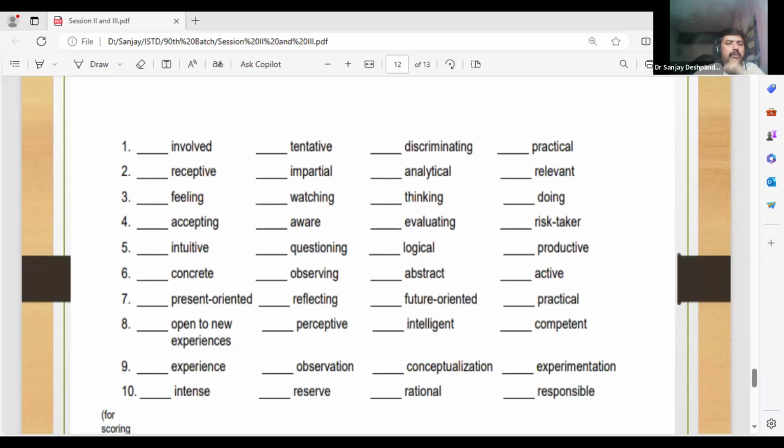So involved, if this word is very appealing to me, close to me, related to me, connected to me, it is very close to my nature, then I'll give 4 marks to involved. Similarly, tentative. If tentative is very far away from me, it's nowhere related to me. I'm not tentative, I'm very firm. So I'll give least marks to this, it is 1.